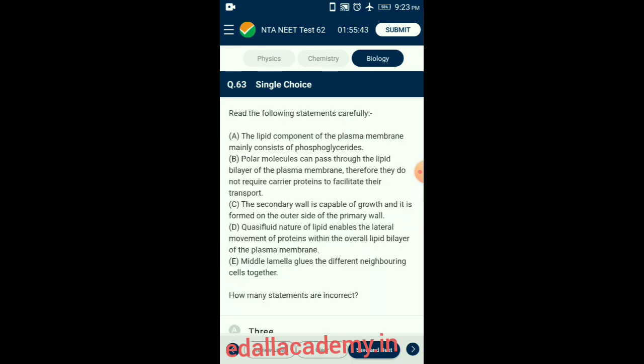Question number 63. Read the following statements carefully. Here there are 5 statements given. From the 5 statements, how many statements are incorrect? Lipid component of the plasma membrane mainly consists of phospholipids and cholesterol.